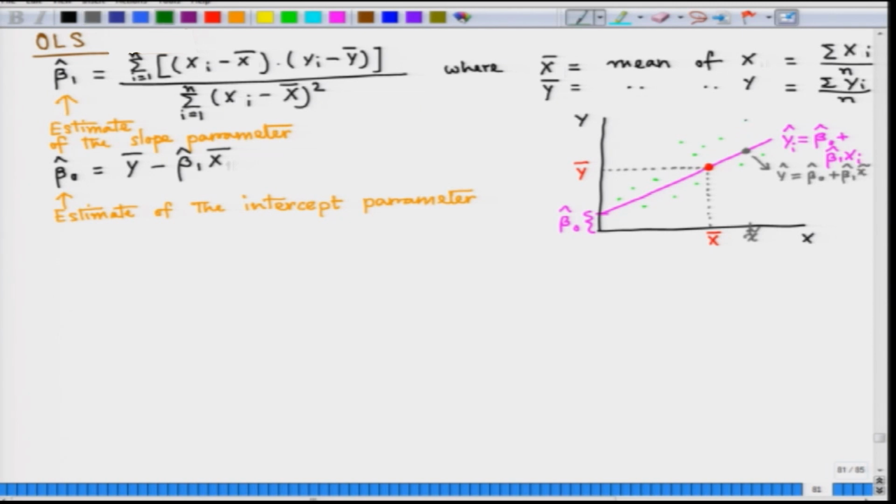Suppose the original data says that the y value corresponding to the x tilde value is this green dot here.